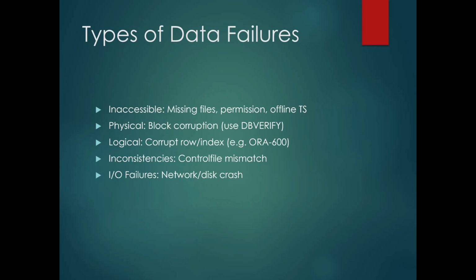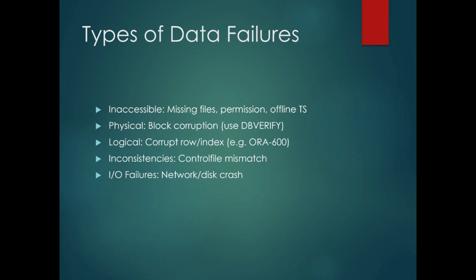Inconsistent means maybe an SCN mismatch, control files and data files with mismatching SCN, those kinds of inconsistencies. IO failure means maybe a disk crash or disk not accessible, OS level crashes, and network failure as well. So these are all the IO failures.